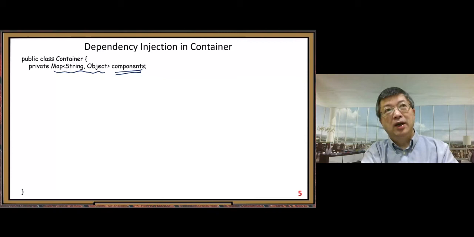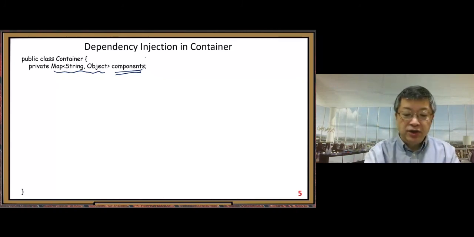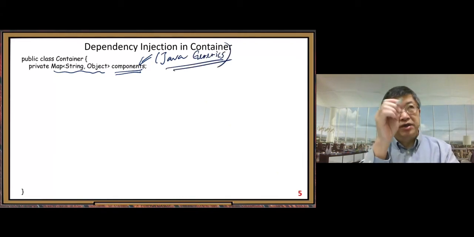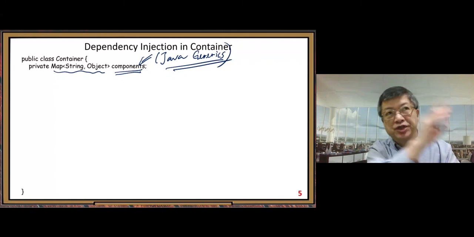For this part, at the end, I have some time, hopefully 10 minutes, to explain the basics of Java generics. I will explain the Java generics technology a little bit, for those who are not familiar with this concept.